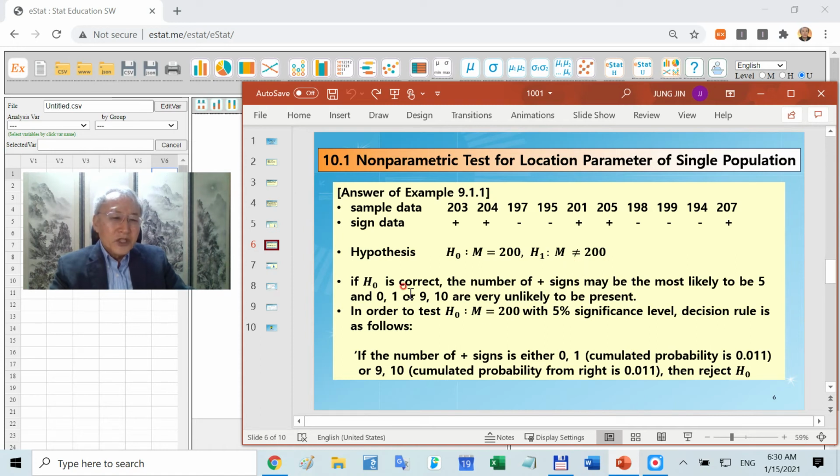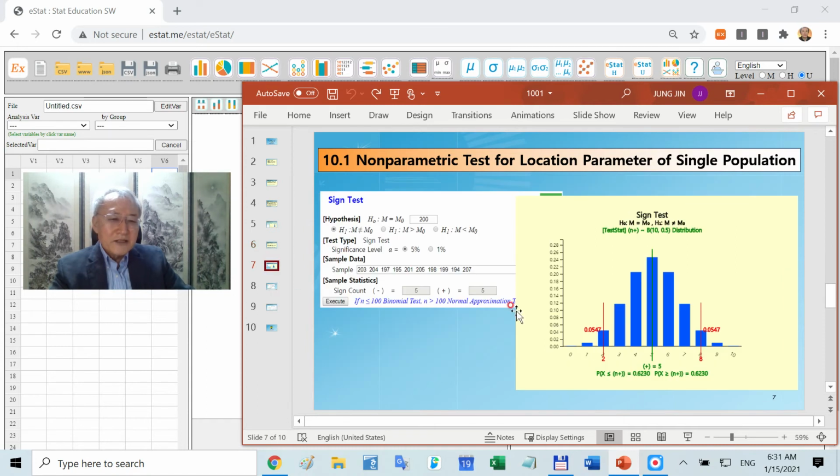Therefore, you need to decide what number you have to reject. Can you guess what is the distribution of plus and minus? It is nothing but binomial distribution. Therefore, you have to check binomial distribution such that this is 10 trials, and the probability of success is 0.5.